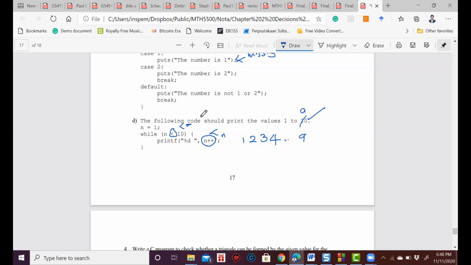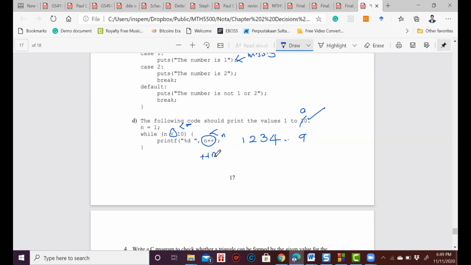Okay, like if we change to plus n, is it correct? Okay, we can look at what happens if we put plus n here. Now we start with n equal to 1. 1 less than 10? Yes. Then print plus n, plus 1.